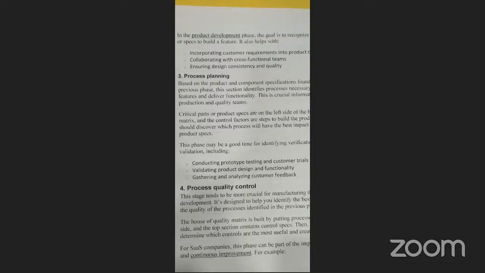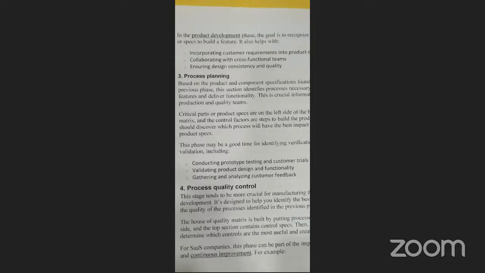Then this the house of quality matrix. The control factors are steps to build the product spaces. So we should discover which process will have the best impact on creating the product space.